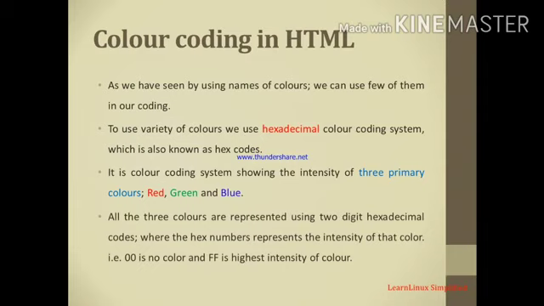That means 2 digits for red, 2 digits for green and 2 digits for blue, so we can have a 6-digit color code for any attribute. 00 is no color and FF is the highest intensity of color.